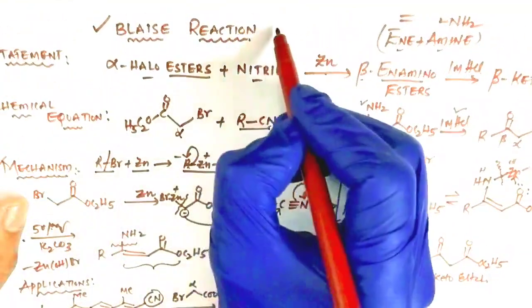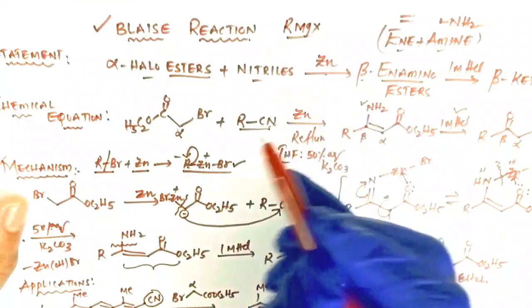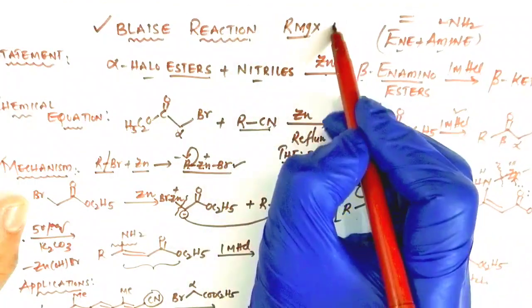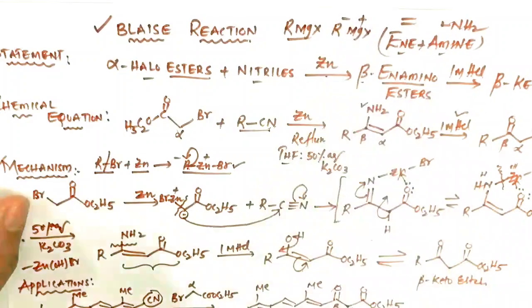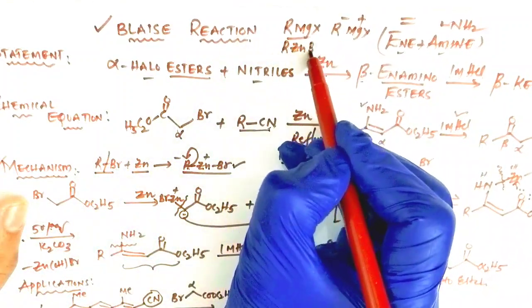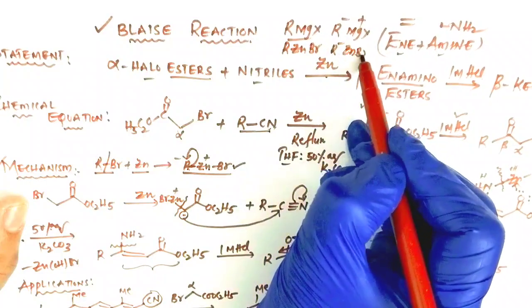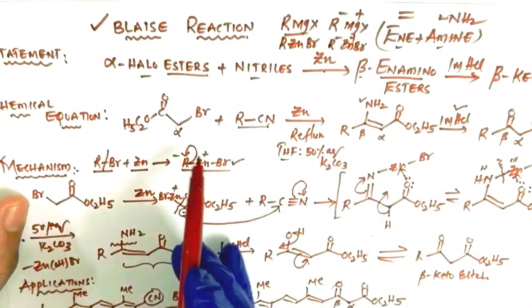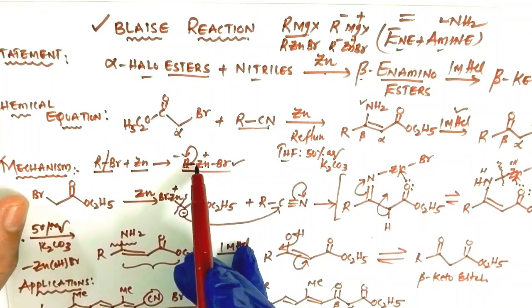We are all familiar with a compound called RMgX, Grignard reagent. How can we represent it? R minus MgX plus. Similarly, RZnBr is R minus ZnBr plus.